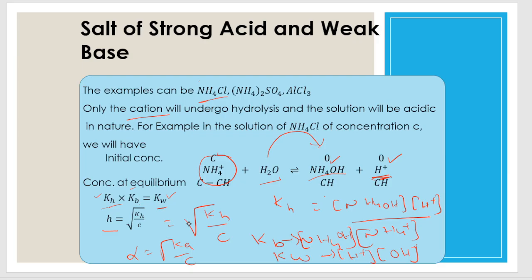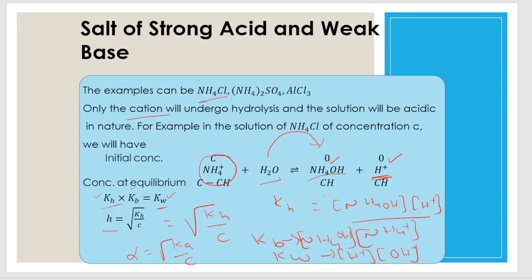These are the resultant expressions we need to remember to solve problems. But how do we get Kh into Kb equals Kw? By writing the expressions individually, you can draw the relation between Kh and Kb, and Kh times Kb is nothing but Kw.